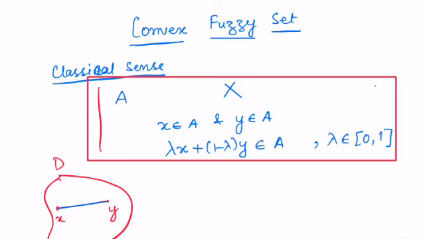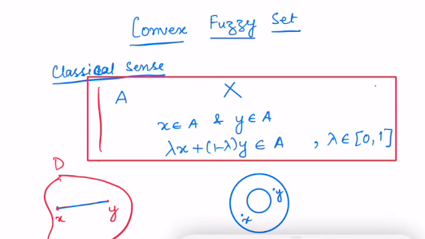For example, suppose we take two concentric circles. If we take X here and Y here, obviously there is a gap, a hole in this, which I am filling with red. If we find a linear combination of these, this line does not lie in R. If R is the concentric circle region, does this line lie in this region?